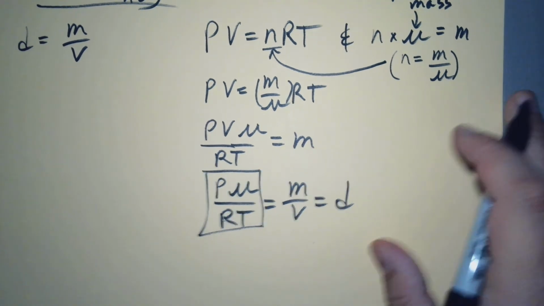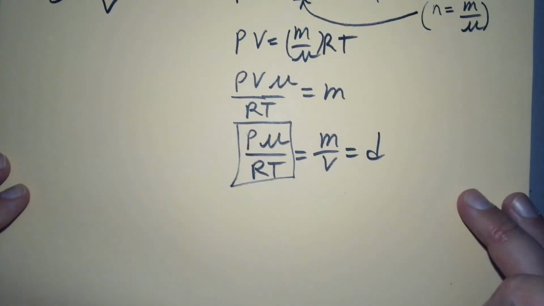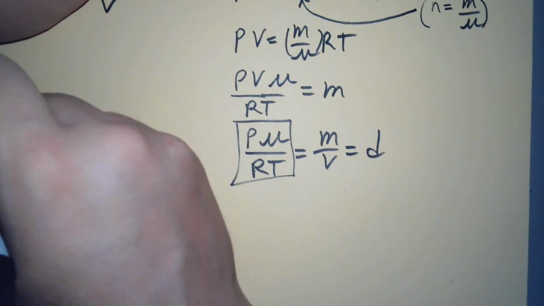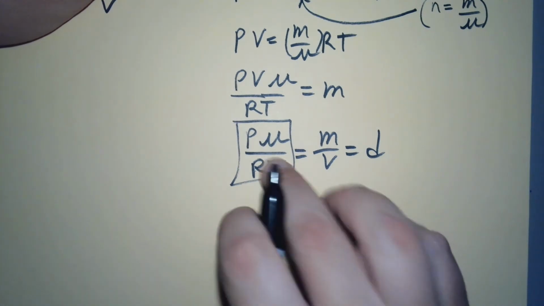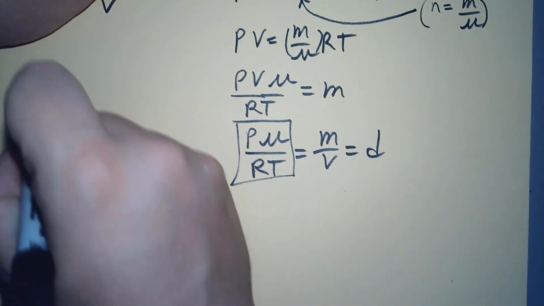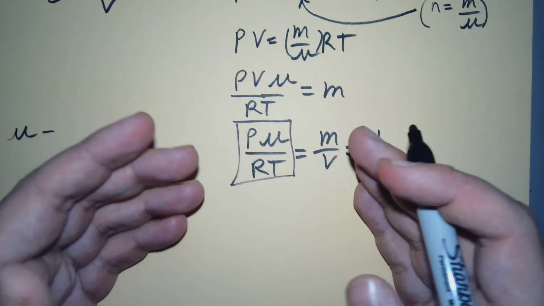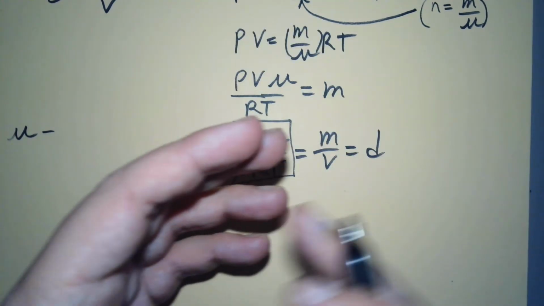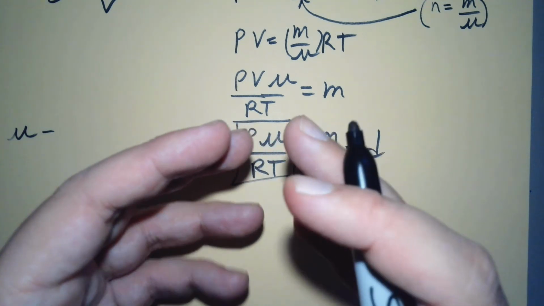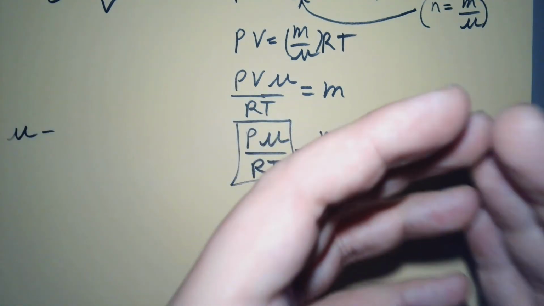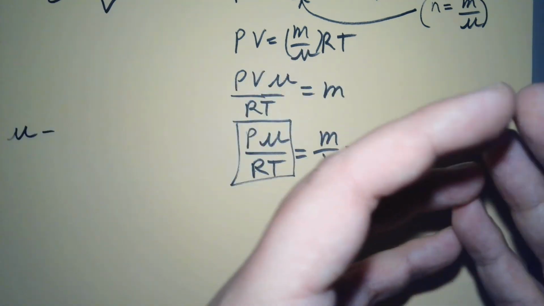Alright, so there's a couple things we can talk about here. It depends on mu. Heavier gas particles are going to give us a larger density, which makes sense, because if there's an equal number of particles, but they're all twice as heavy, it's going to be the same volume but twice the mass.